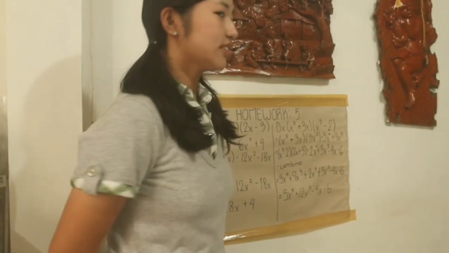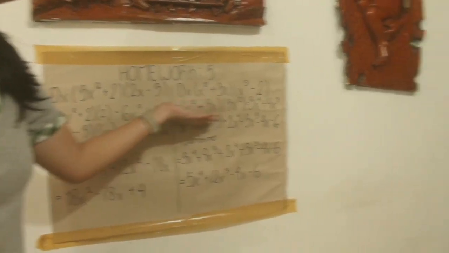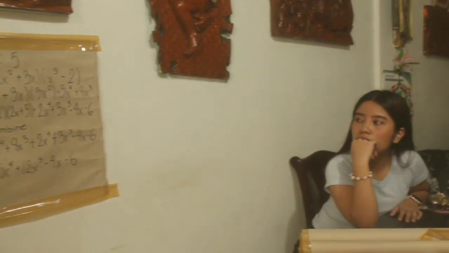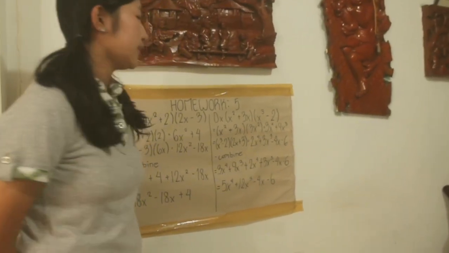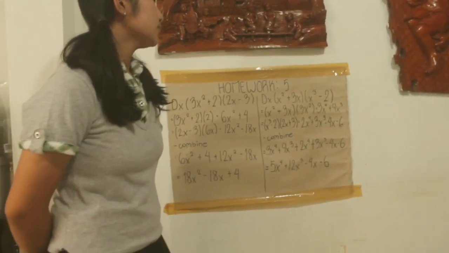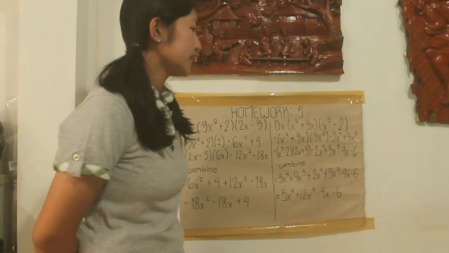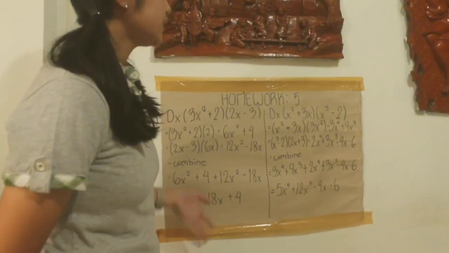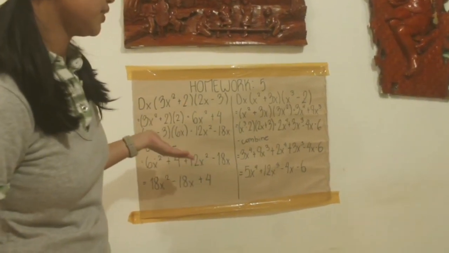So for the next example, we have derivative of x squared plus 3x multiplied to x cubed minus 2. So for our first term, we have x squared plus 3x multiplied to 3x squared. So it is equals to 3x raised to 4 plus 9x cubed. And for our second term, we have x cubed minus 2 multiplied to 2x plus 3.